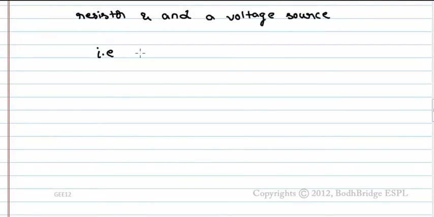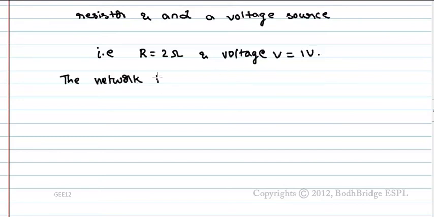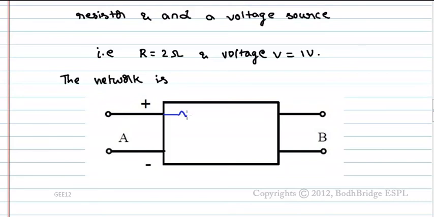That is, resistor R equals 2 ohm and voltage source V equals 1 volt. The network is 2 ohm, 1 volt.